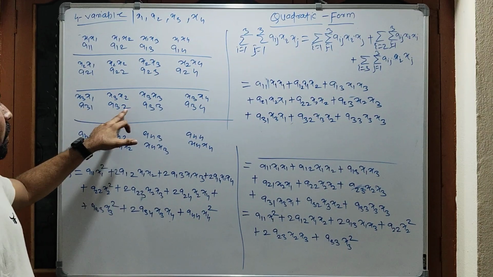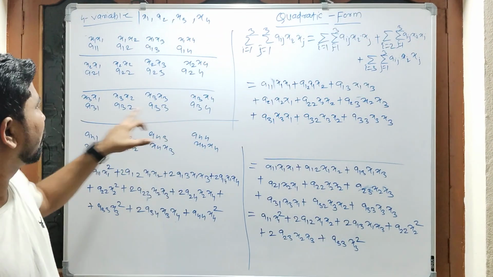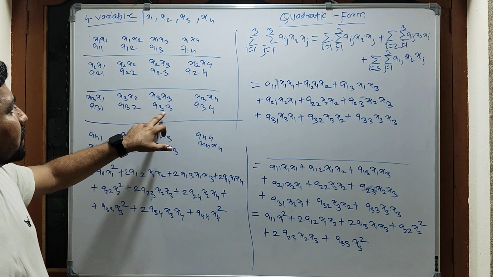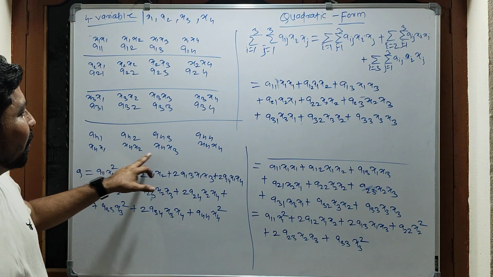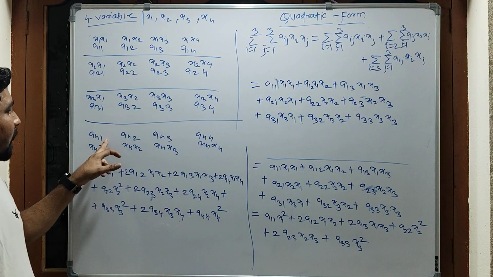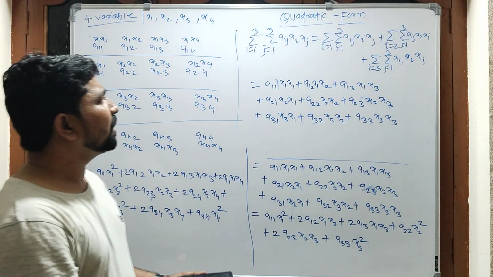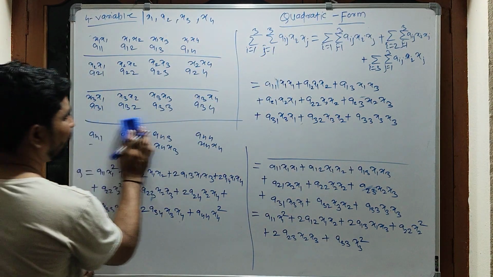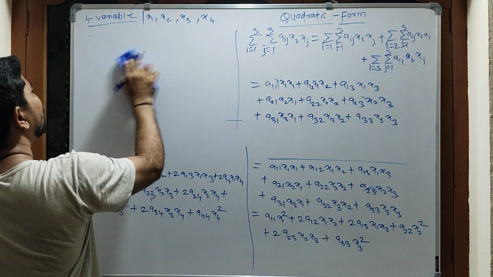Third row a31 a32 a33 and a34, with x3 x1, x3 x2, x3 x3 and x3 x4. Now fourth row a41 a42 a43 a44, with x4 x1, x4 x2, x4 x3, x4 x4. In the same way, using this you will get the same thing. So both are the same.